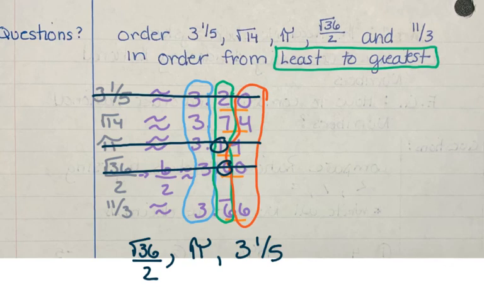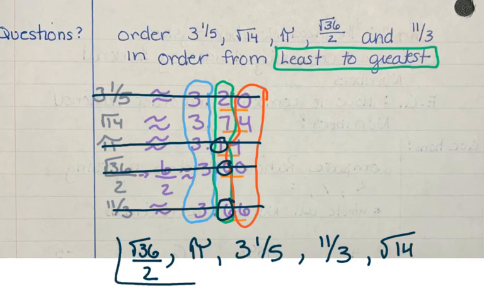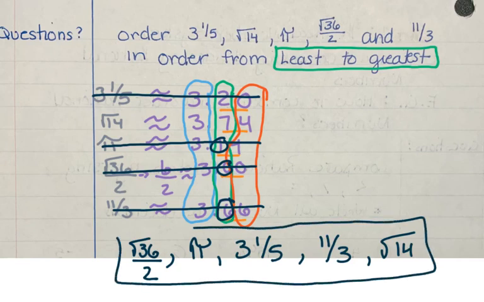And then my next smallest number I see is 6. So that's going to be 11 thirds. And then my last one is the square root of 14. So in order from least to greatest, hopefully you did well with that. At this time, you may move on to your assignment for today.